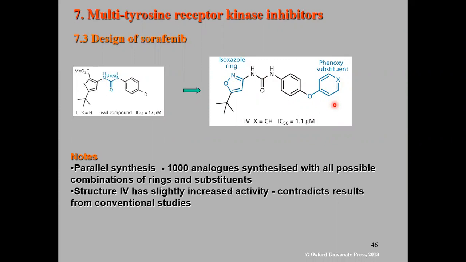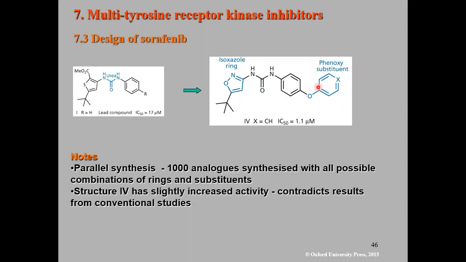Structure 4, the one that you can see, has slightly increased activity if you compare it to structure 2. Because if you remember, the IC50 for structure 2 was 1.7. Now the IC50 for structure 4 is 1.1 micromolar, which is a slight improvement. But look at structure 4.